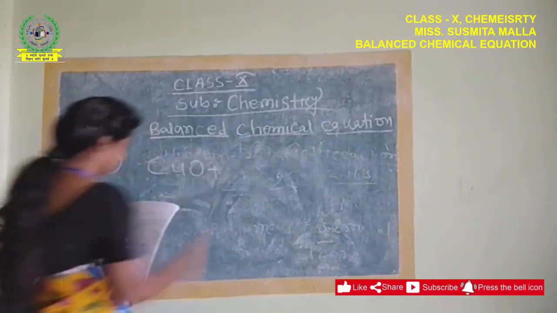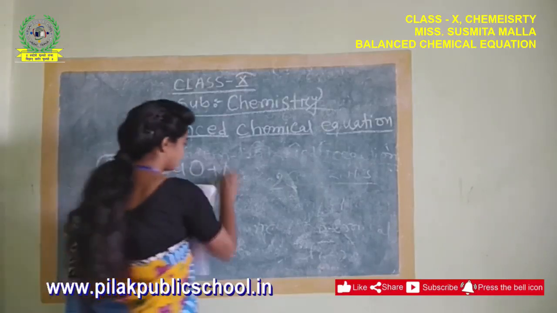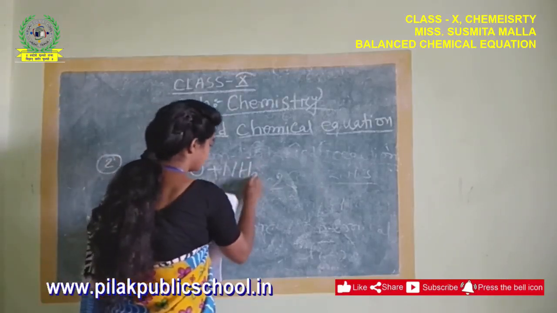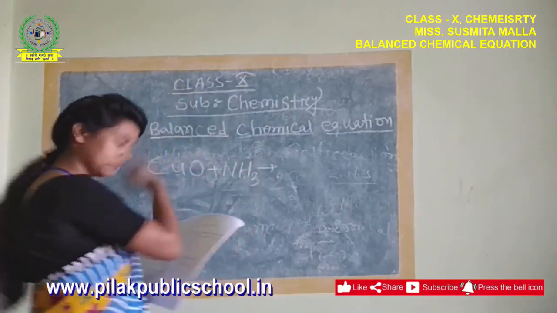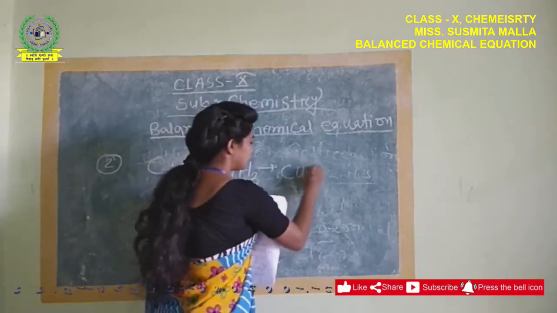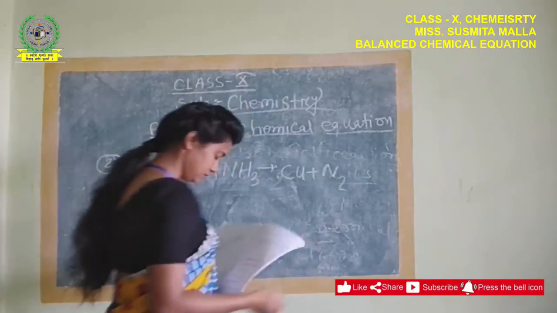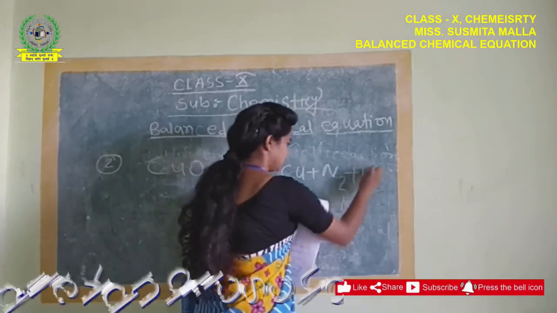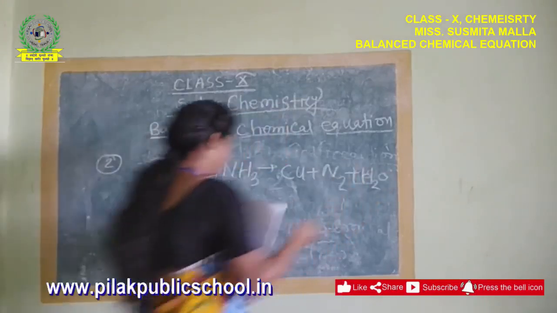CuO plus NH3 gives Cu plus N2 plus H2 plus H2O.